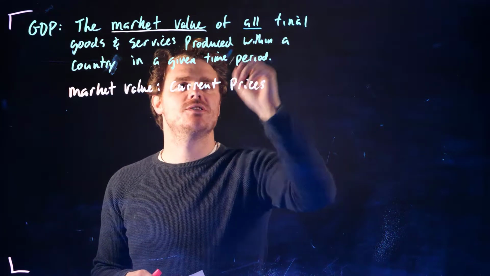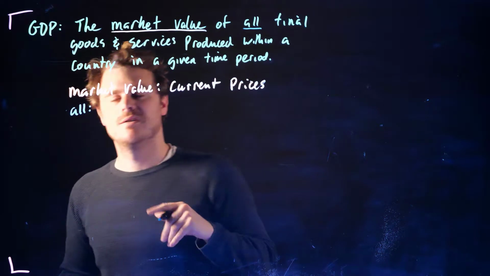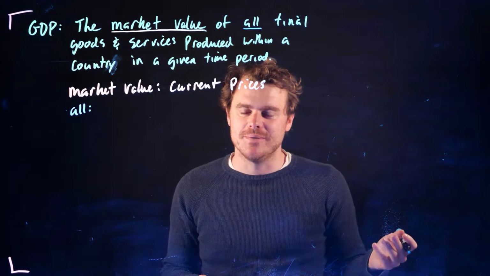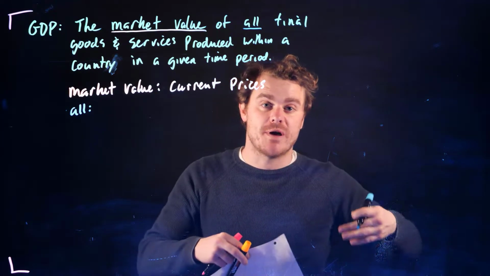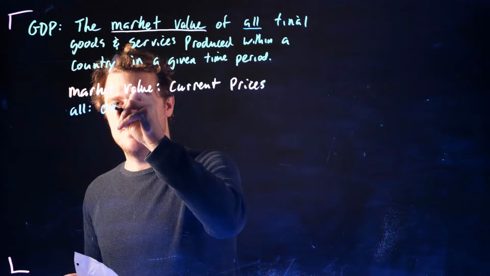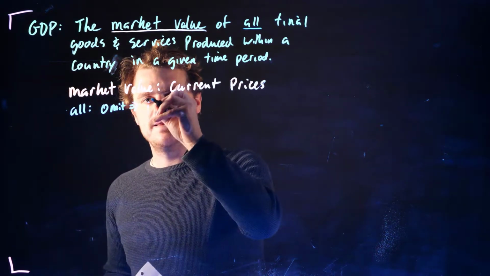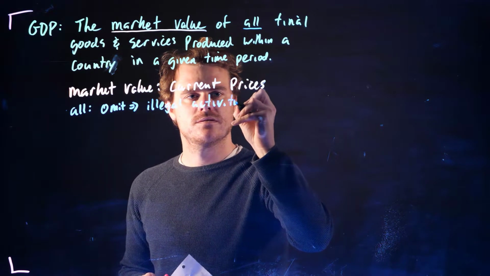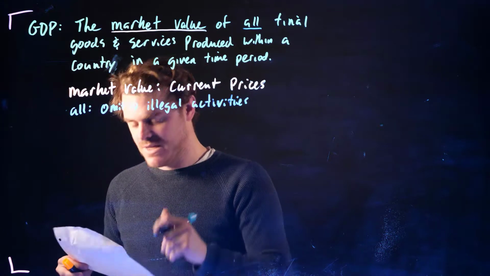So next thing we should talk about is all. When we say all final goods and services, we don't actually mean all of them, because we're going to omit certain things, and some of these categories might be fairly significant. It's going to omit illegal activities. It's going to omit leisure.